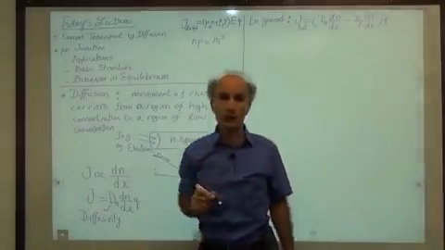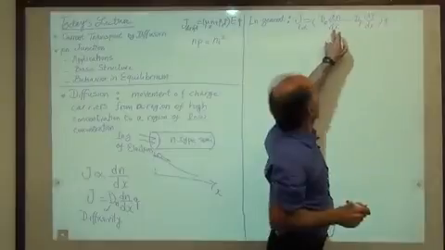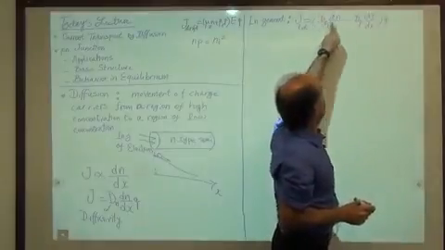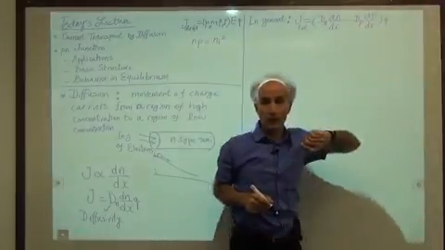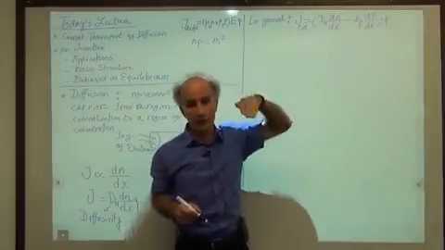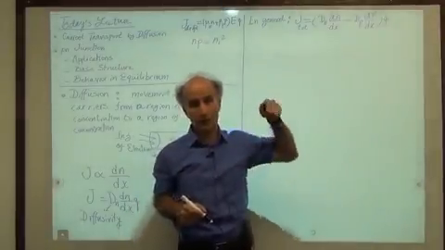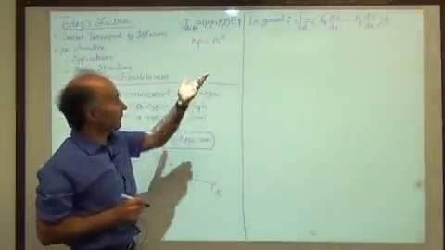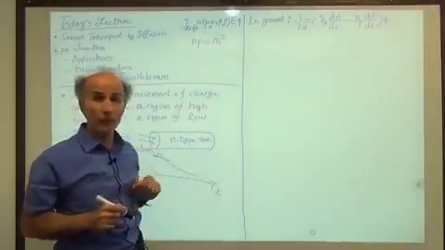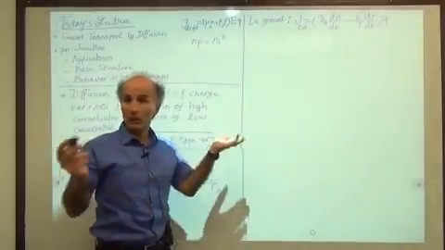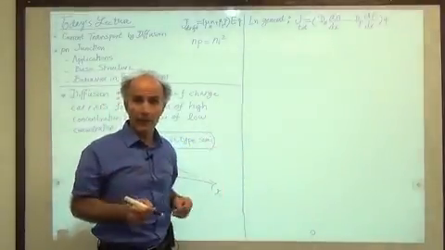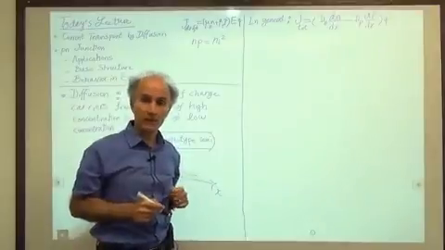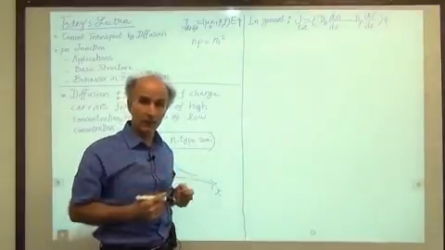So again, you need to prove to yourself that in this case, this sign is positive and this sign is negative when we consider the gradient in hole concentration and the gradient in electron concentration. All right, so that's a nice little equation that we have for diffusion. We don't need an electric field, we just have different concentrations at different points in a semiconductor.